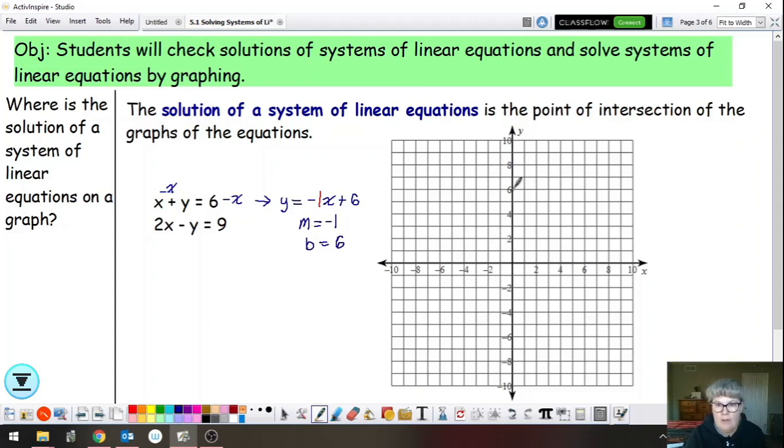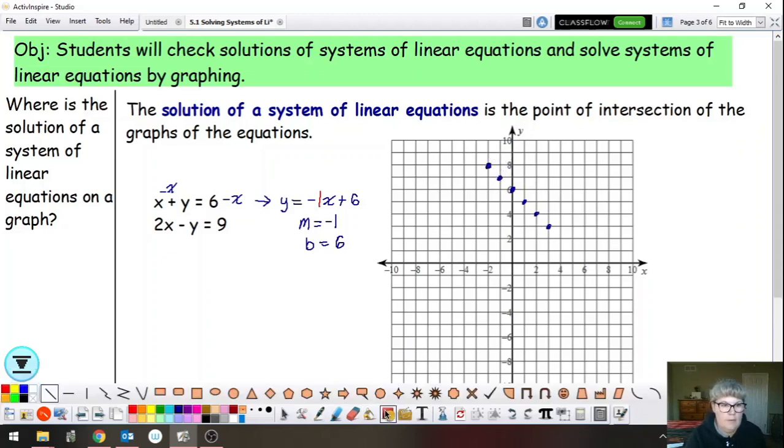So I would plot a point at 6, and my slope is negative 1, so that's down 1 and right 1. Or I could do the opposite and go up 1 and left 1. And I can graph a line through.